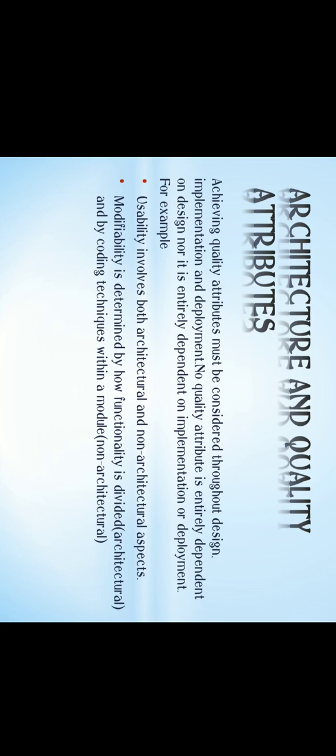In the architectural case, when we divide the functionality and the aspects of modifiability come, then there is no need to change the entire module. The functionality has been divided according to which function has to be changed in future.